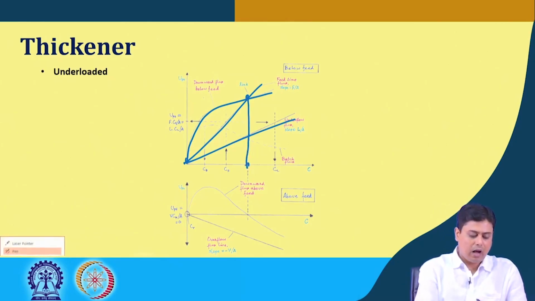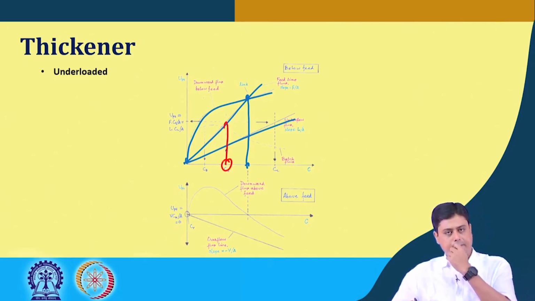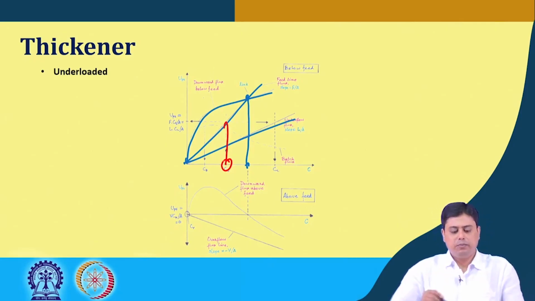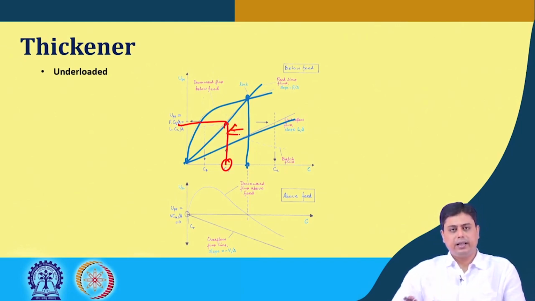But say our thickener is operating with the Cf at this value, which means it is operating below the critical limit. That means there definitely would not be any net flow in the upflow region. Total flask in the upflow region is 0.